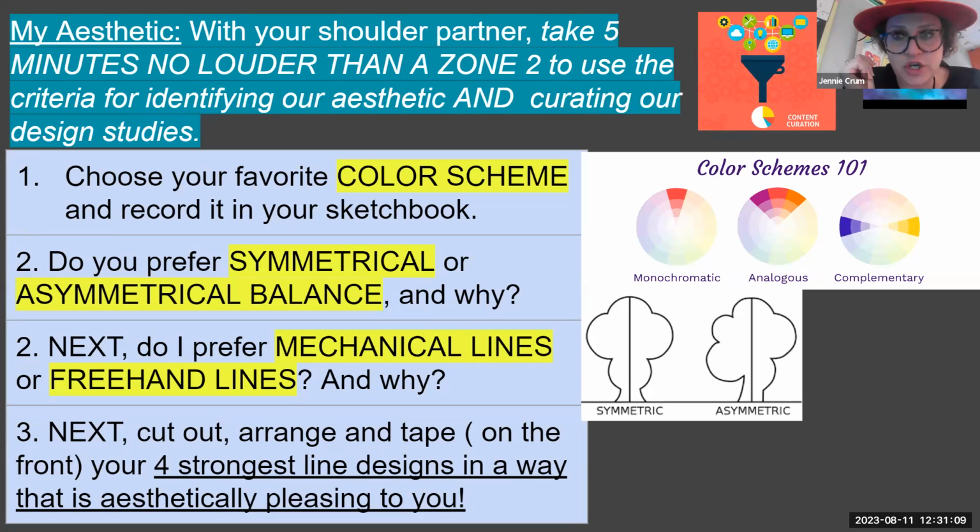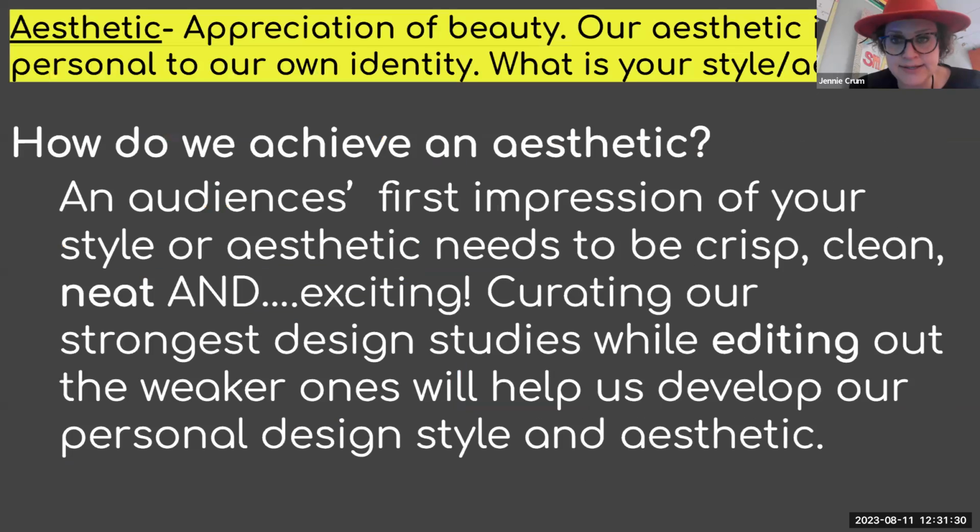Maybe that's not enough for you. Maybe you want colors that are very similar, like warm colors or cool colors. That's what we call an analogous color scheme. So if you're like, I love using warm colors together, I want to use reds, oranges, and yellows, you would write 1, analogous.